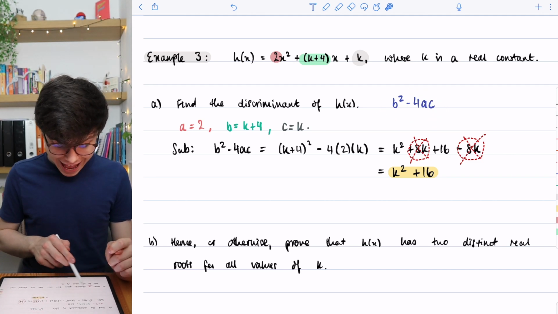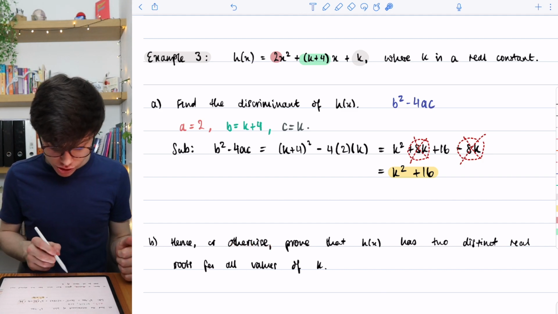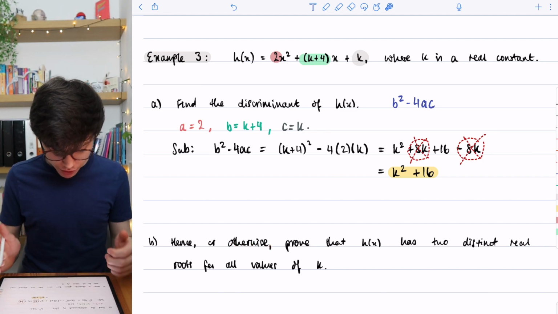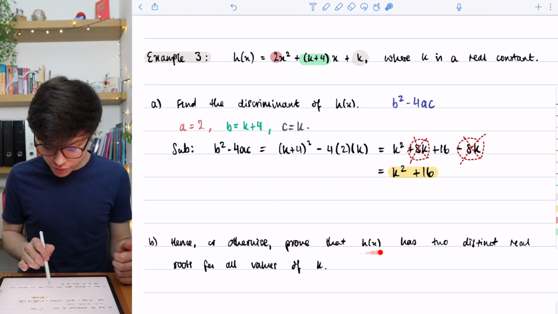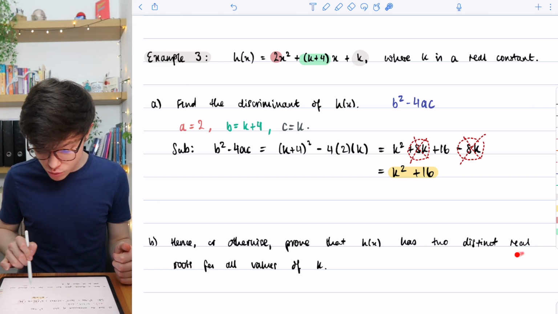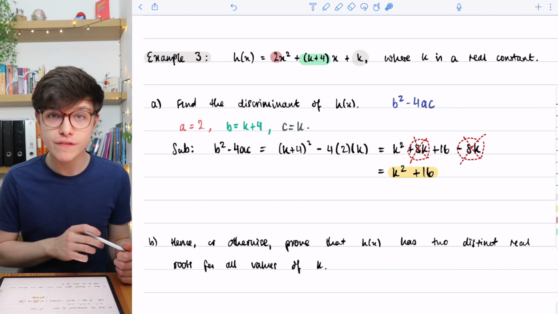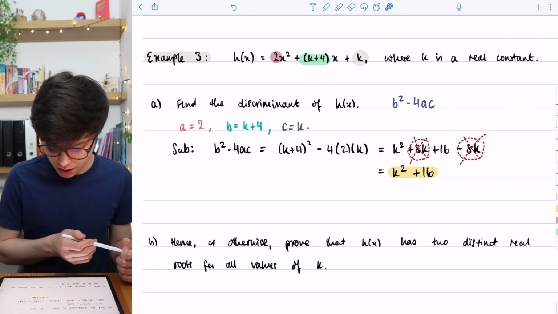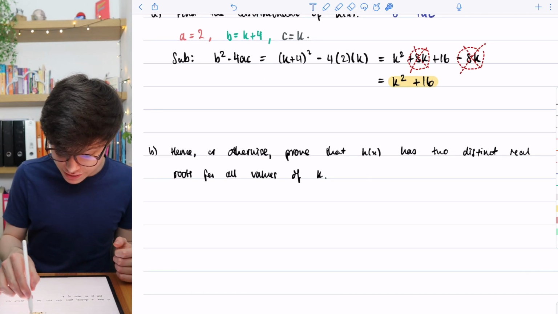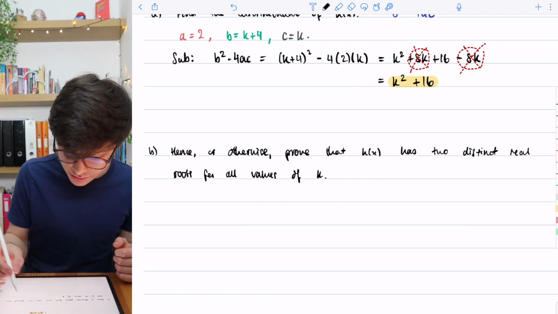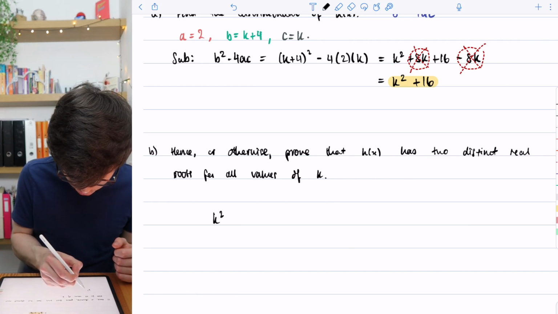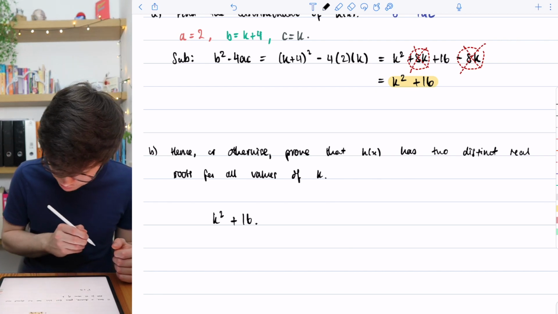Part B then said hence or otherwise. So we could use part A, or we could do it another way. Prove that h of x has two distinct real roots for all values of k. Well, b squared minus 4ac we just worked out. The discriminant is k squared plus 16, okay?